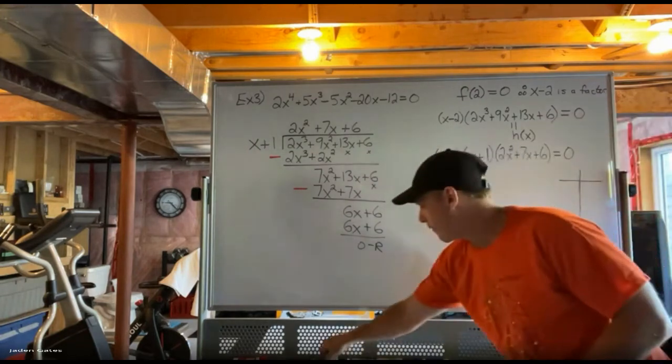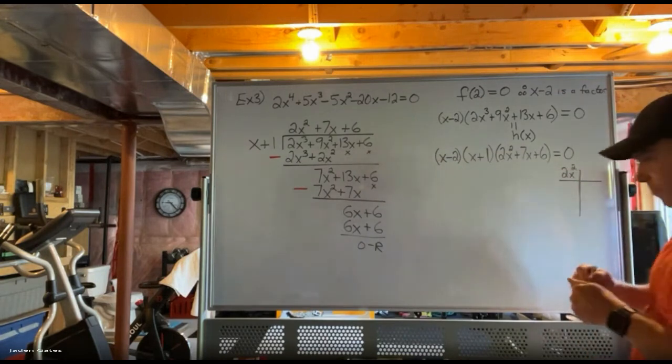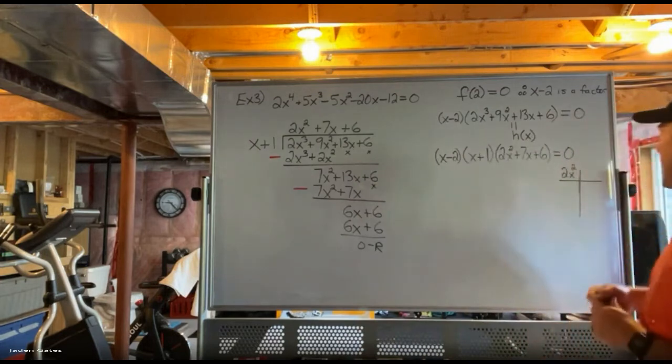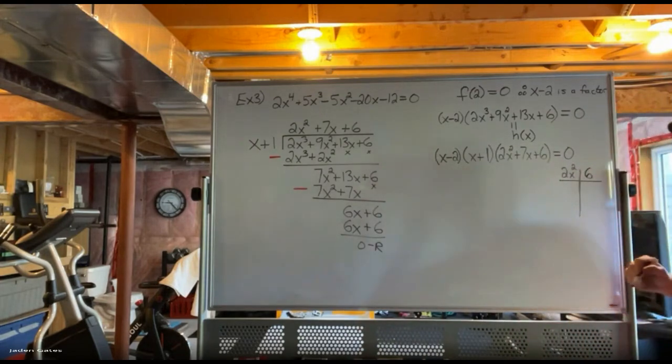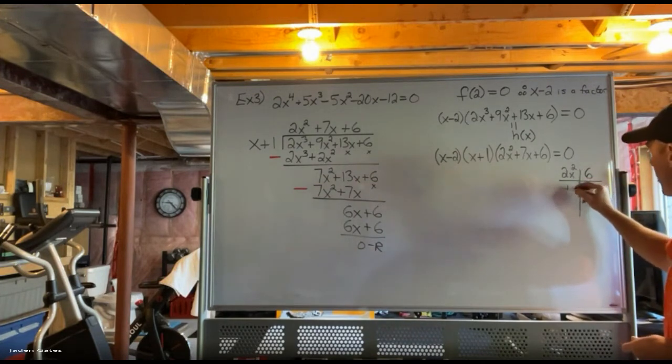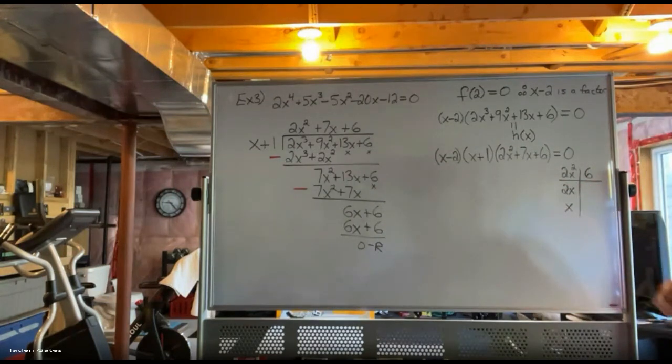So again, my first term goes in the top left corner. That's 2x squared. My last term goes in the top right corner. That's a 6. So two numbers that multiply to give me 2x squared. I'm going to go with 2x and x, and 1 and 6.